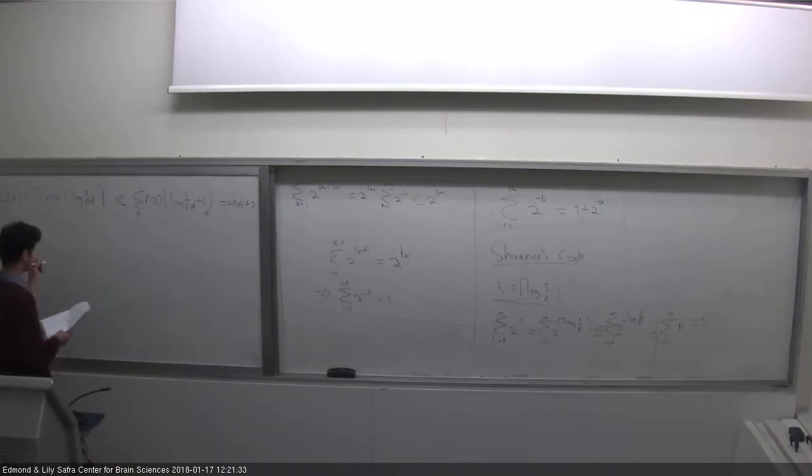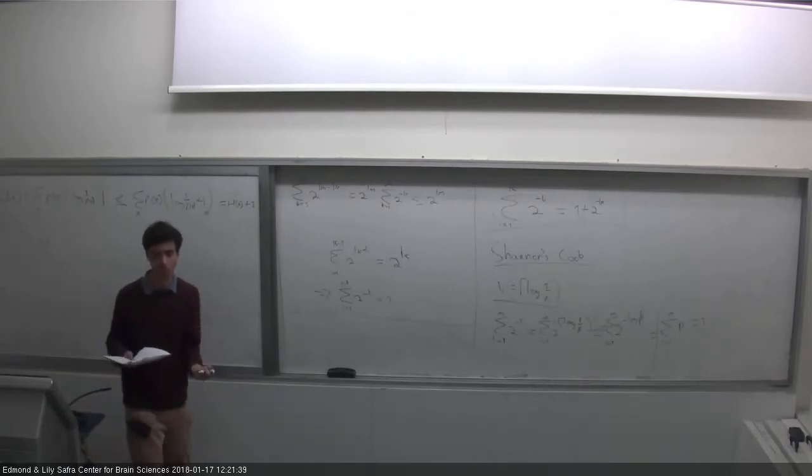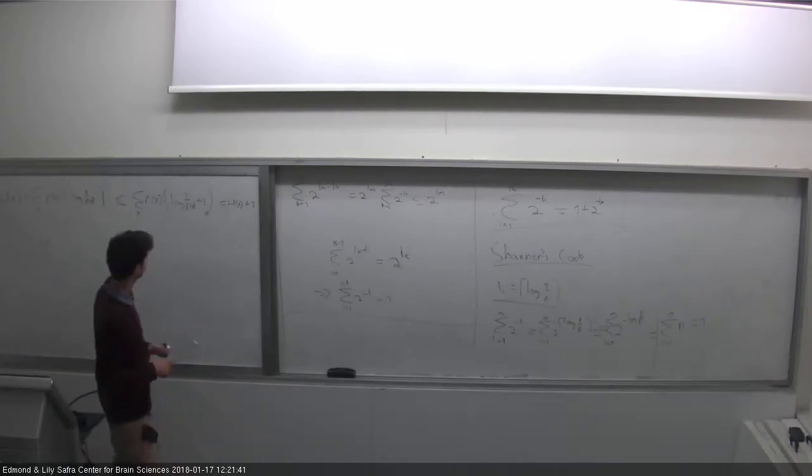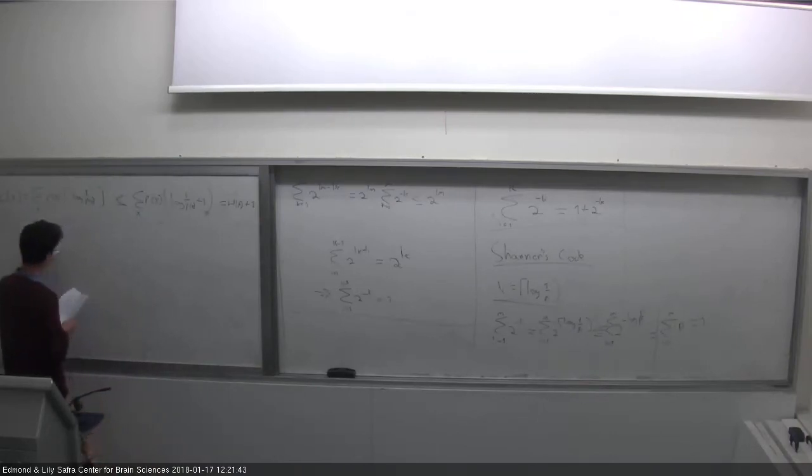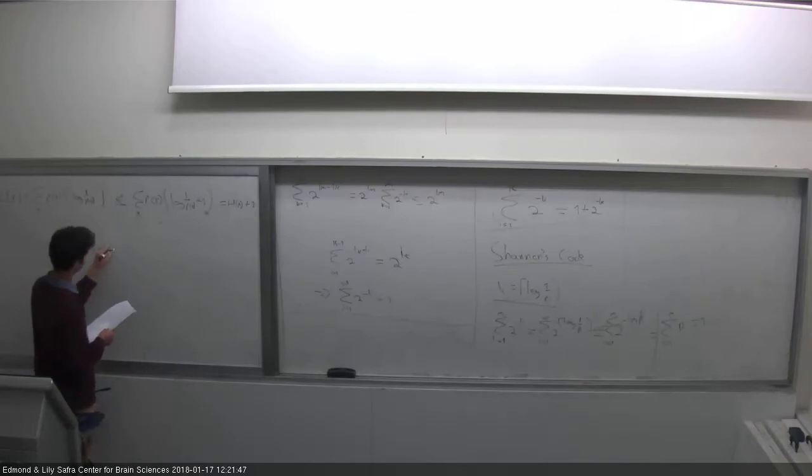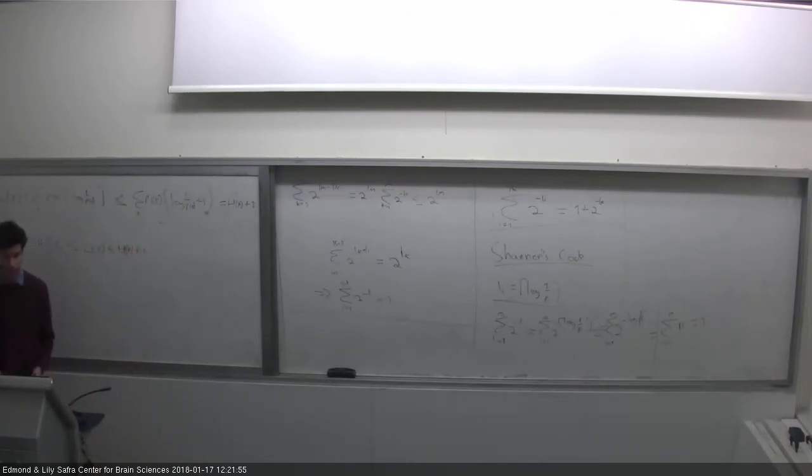So if you know the distribution, our code length is between the entropy and the entropy plus 1. Okay?